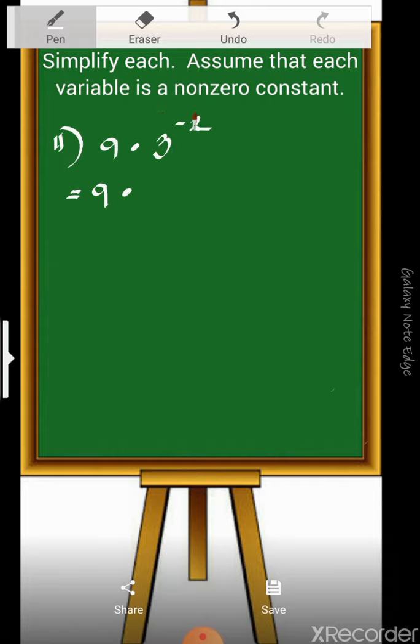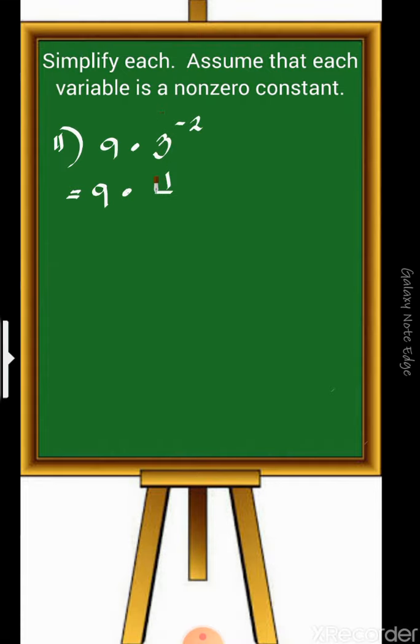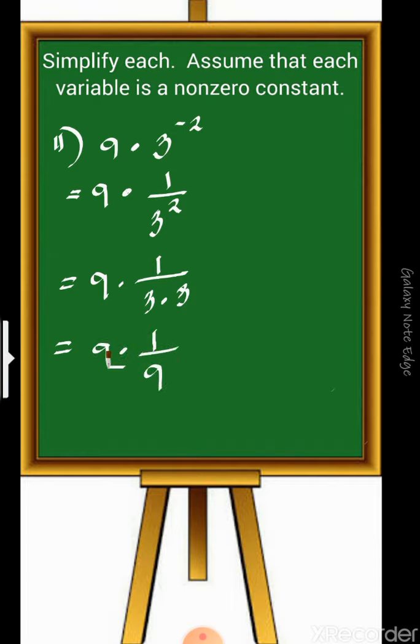So 3 raised to negative 2, it will become 1 over 3 raised to 2. 9 times 1 over 3 times 3. So it will become 9 times 1 over 9 by cancelling it out. So the answer is 1.